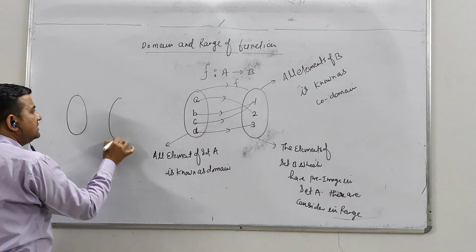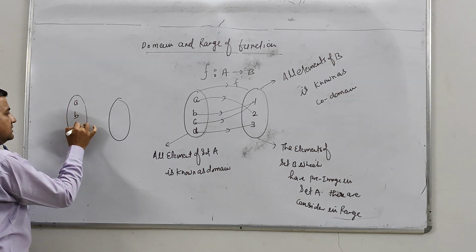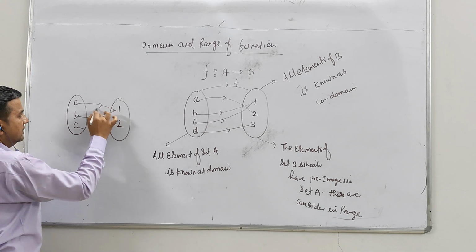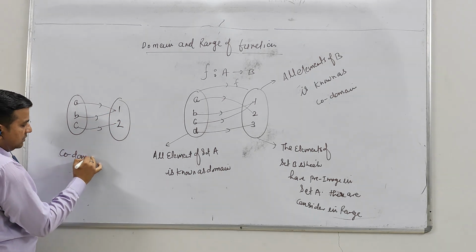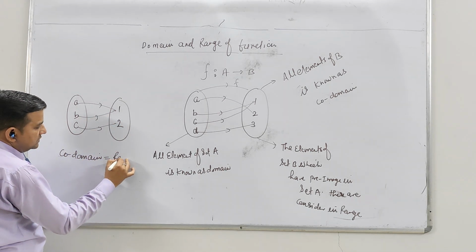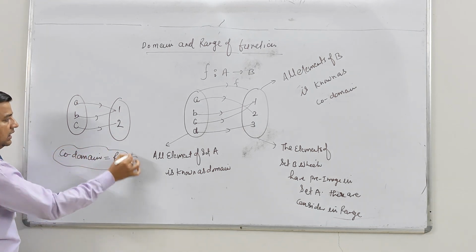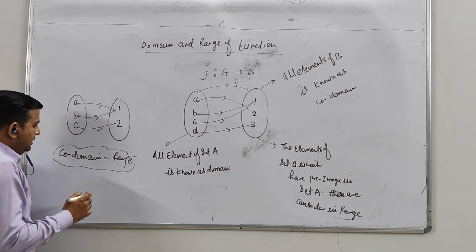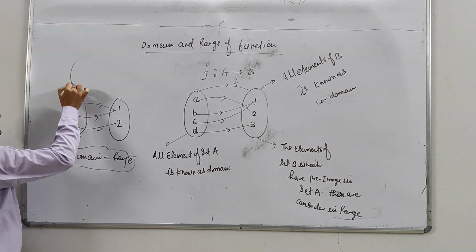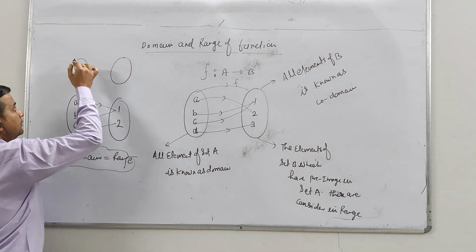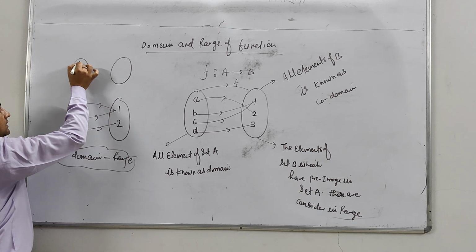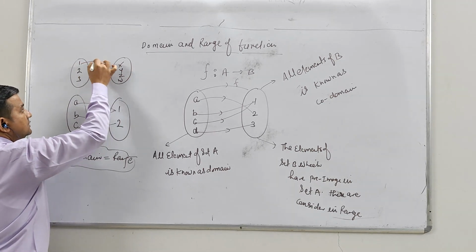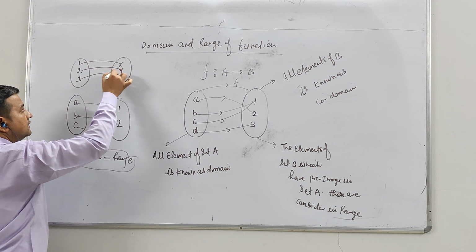Suppose we consider one example here, A, B, C and 1 and 2, like that. So here codomain equal to range, because all the elements of B have a pre-image in the set A. But if we consider another example, suppose 1, 2, 3, and x, y, z and w, mapped like that.